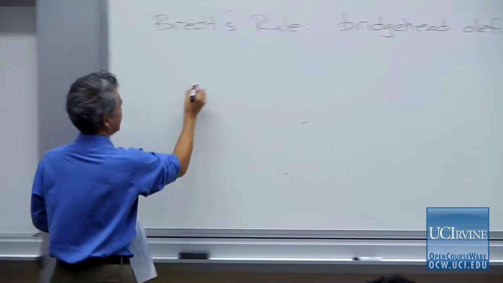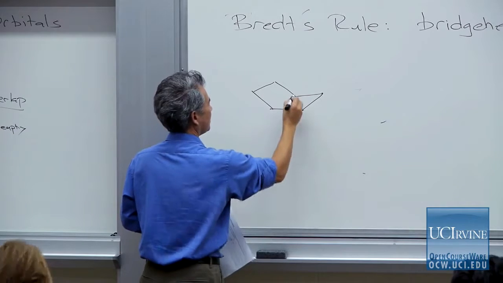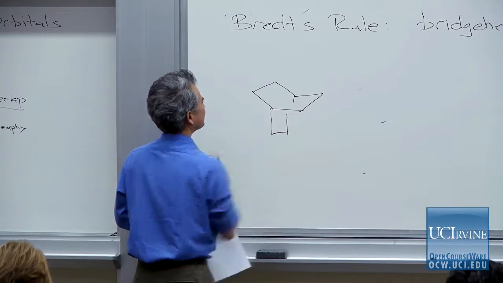So I'm going to draw out a bicyclic molecule. This is a bicyclo[2.2.2] ring system.